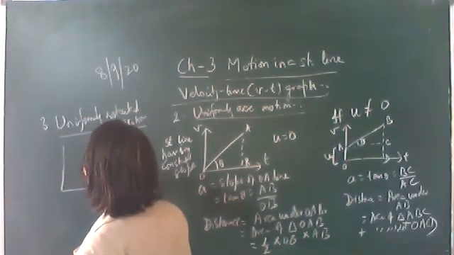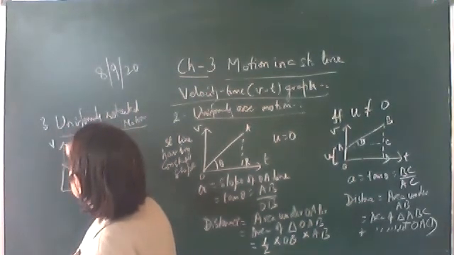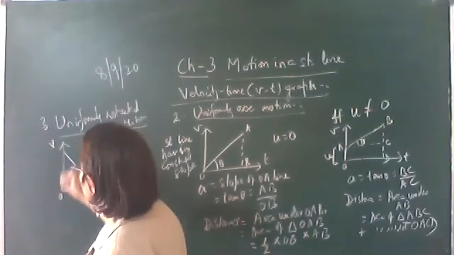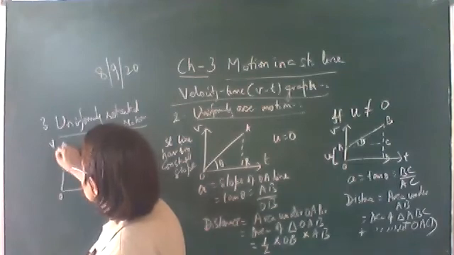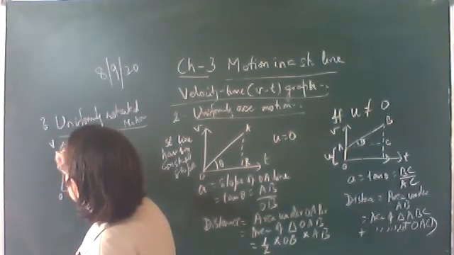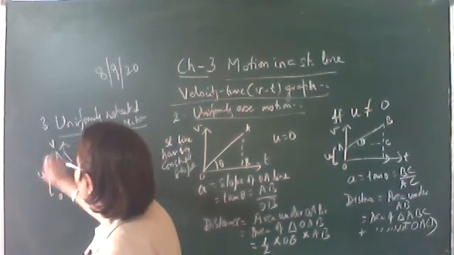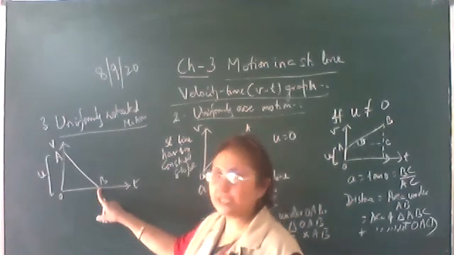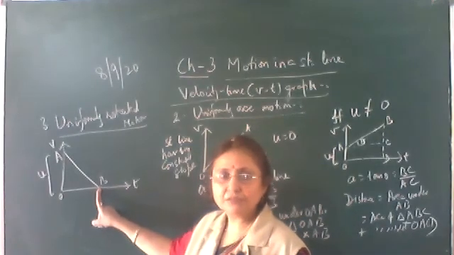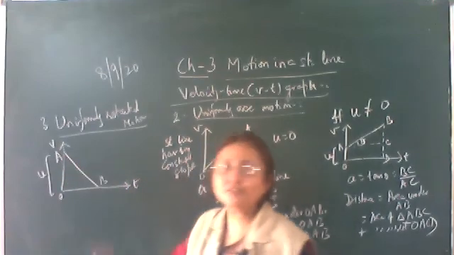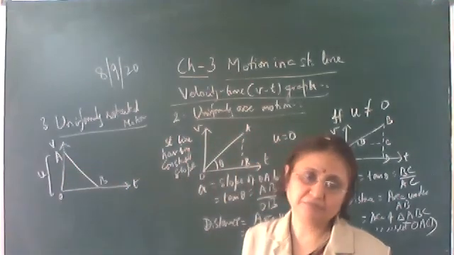The velocity decreases with time. At time t equal to 0, it is already having some initial velocity. How much? OA is the initial velocity. And after time t, at point B, the velocity becomes 0. So the velocity is continuously decreasing with time.